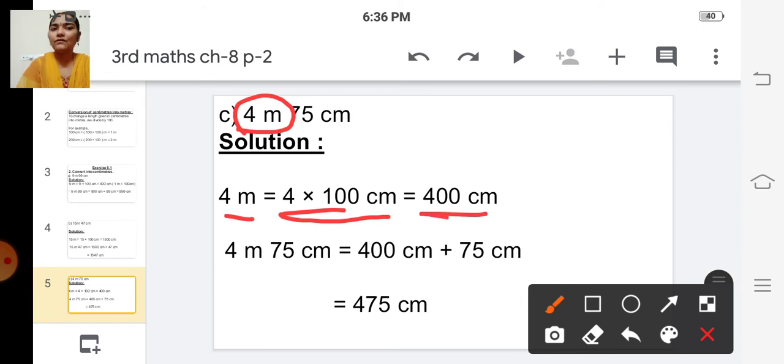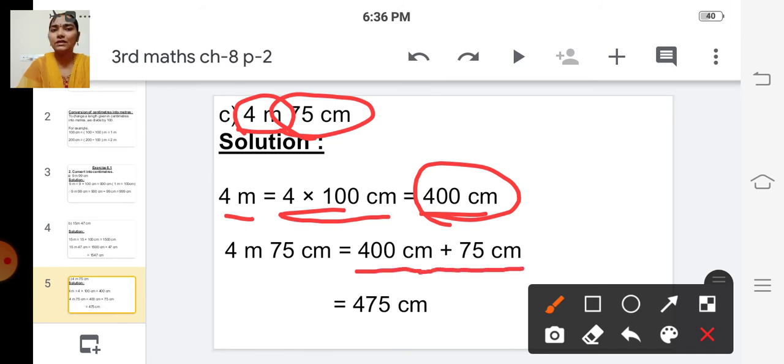Then we have to add this 400 centimeter plus this 75 centimeters, which is equal to 475 centimeter. So we have converted into centimeters.